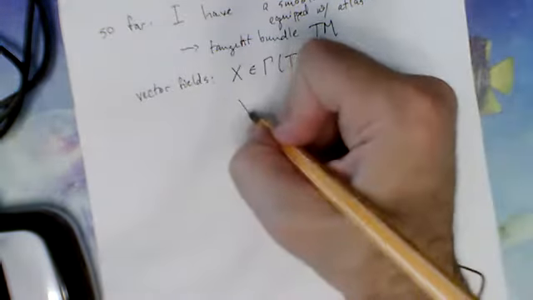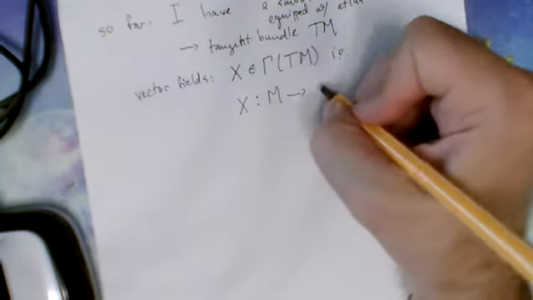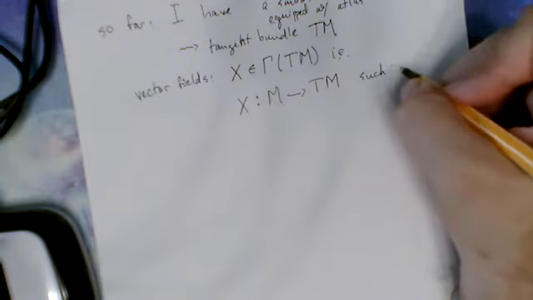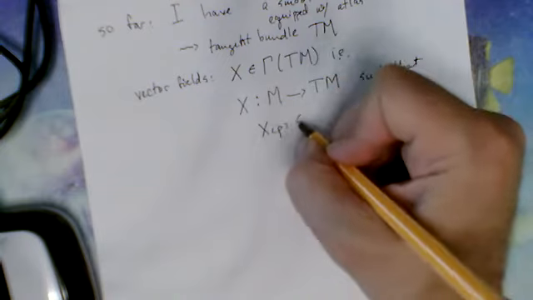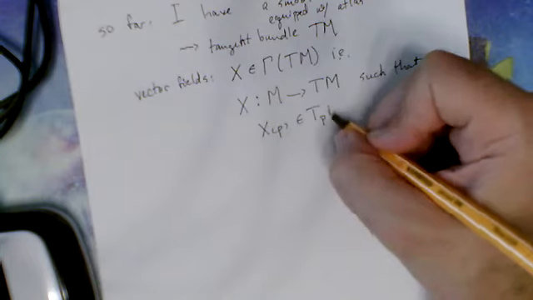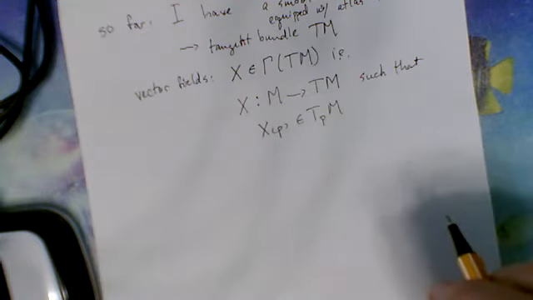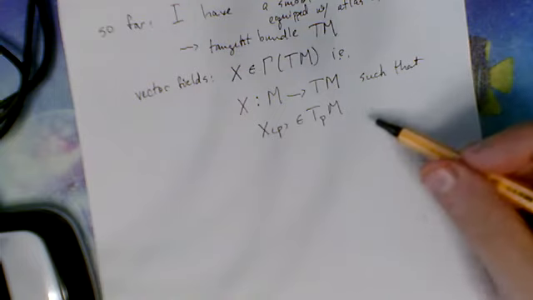This means that my vector field is a smooth mapping from the manifold to the tangent bundle such that at each point, X of p lies in the appropriate tangent space, which is the same thing as what we had drawn before in this special case of thinking about vector fields on the plane.